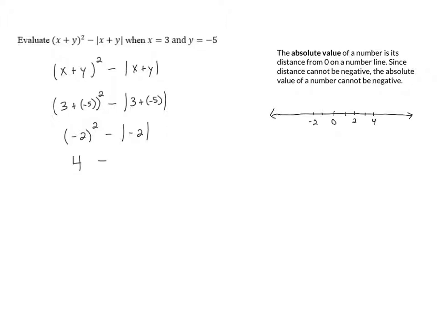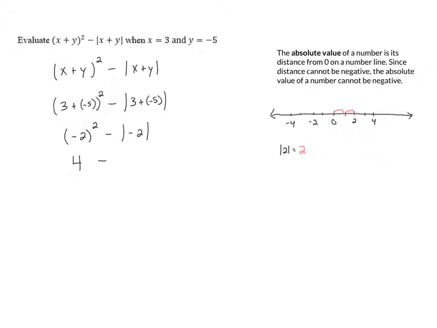We'll look at some positive numbers and some negative numbers. Now, if we wanted to know, for example, the absolute value of 2, that's asking how far away from 0 is 2 on the number line, and we can see that that distance is 2 units. So that means the absolute value of 2 is 2.